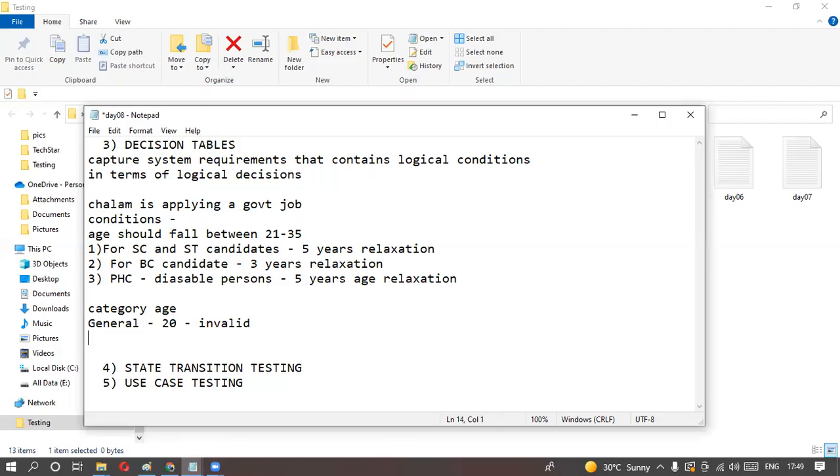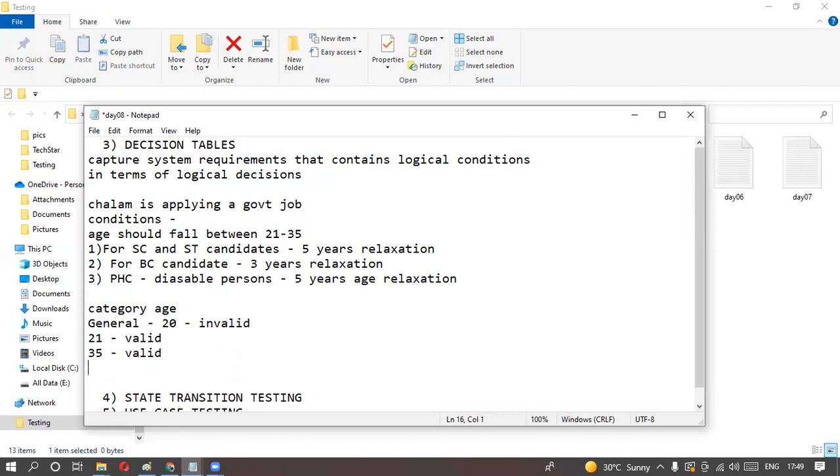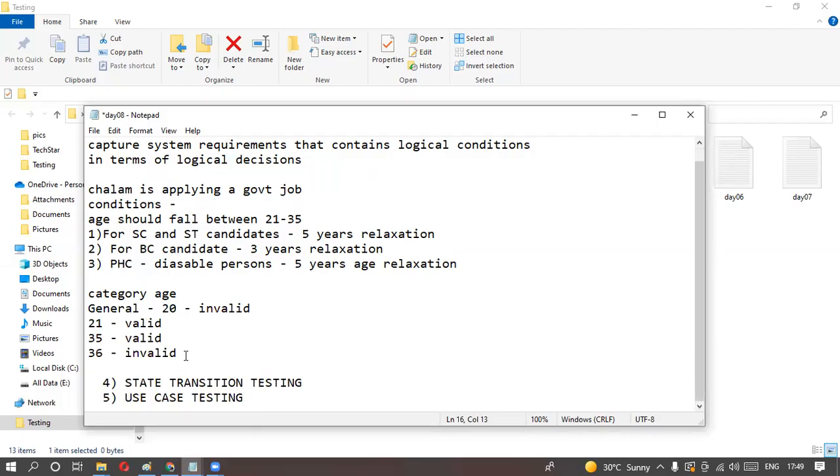If it is 21, yes, it's valid. If it's 35, it's also valid. 36, it's invalid. Likewise, we have to come up with this kind of test data. Similarly for SC, similarly for physical handicap.